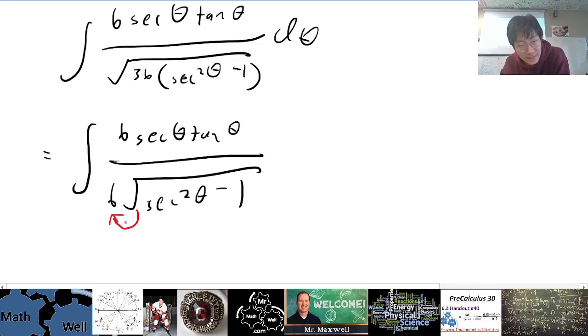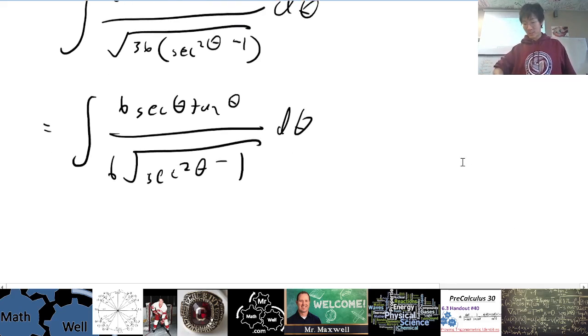That's just one of those rules. So 6 secant theta tan theta over 6 root secant squared theta minus 1 d theta. Don't forget the d theta at the end, because an integral is incomplete without that infinitesimal change.